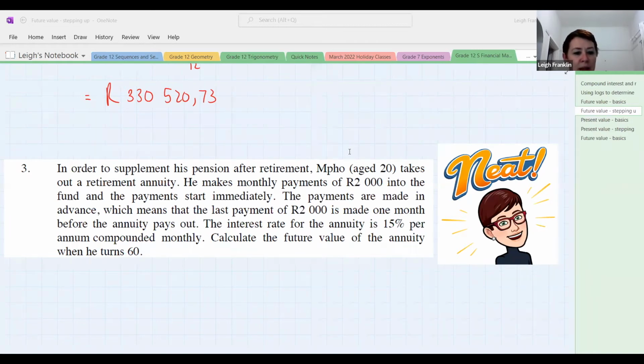The payments are made in advance, which means that the last payment of 2,000 Rand is made 1 month before the annuity pays out. The interest rate for the annuity is 15% per annum compounded monthly. Calculate the future value of the annuity when Mpho turns 60.